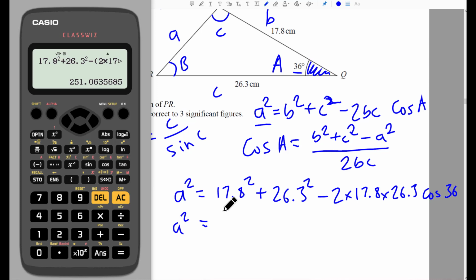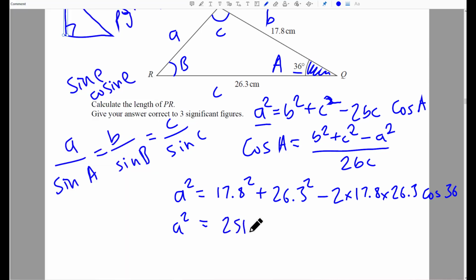Yeah, that answer looks like it's going to make some sense. So A squared is 251.064 to 3 decimal places.